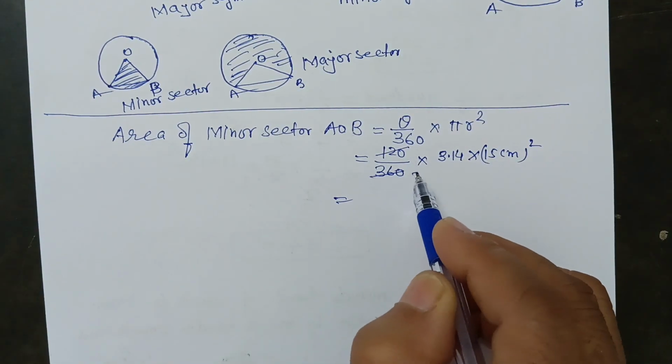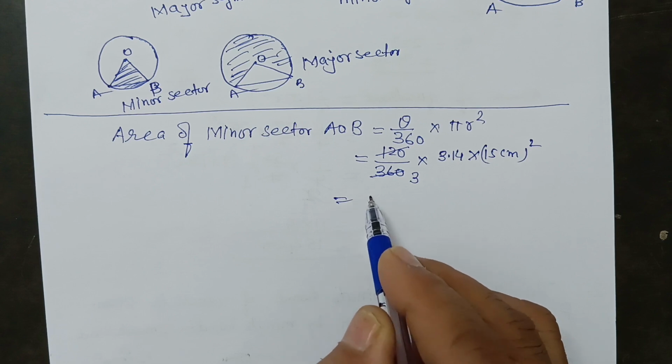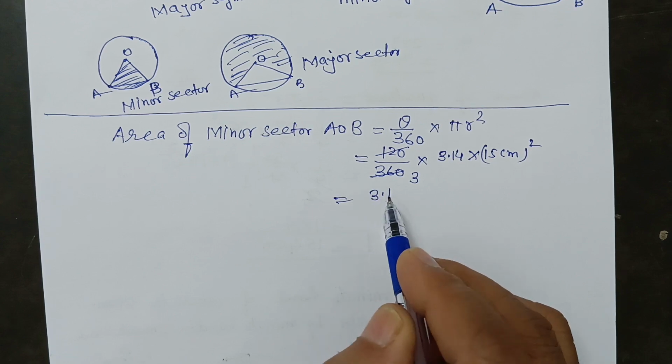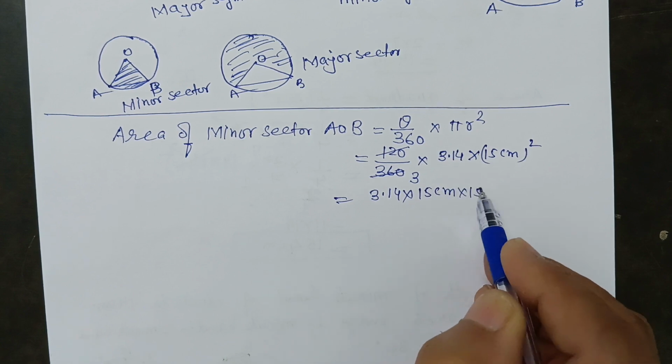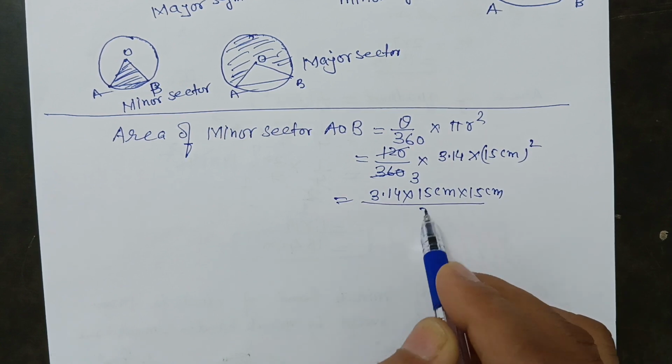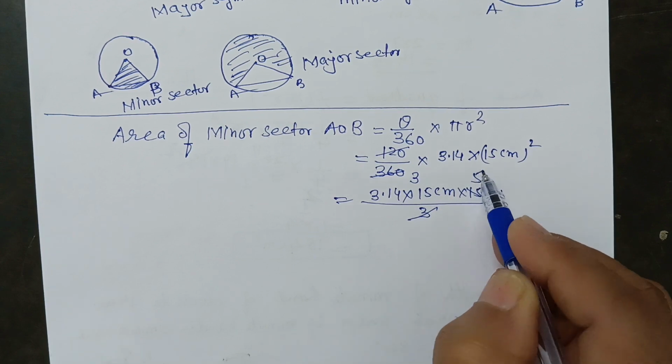It will become 3.14 into 15 centimeter into 15 centimeter over 3. 3 5s are 15.